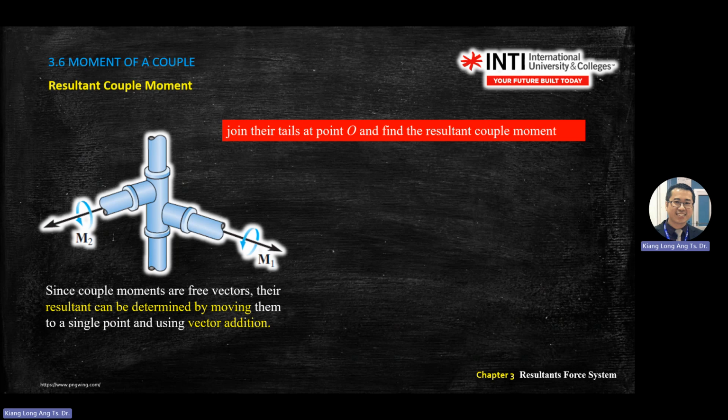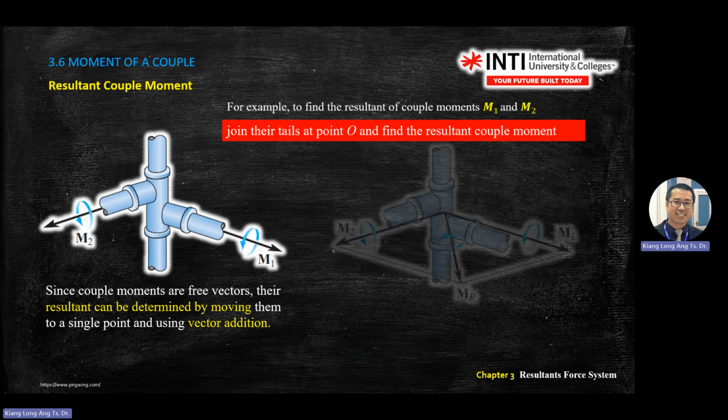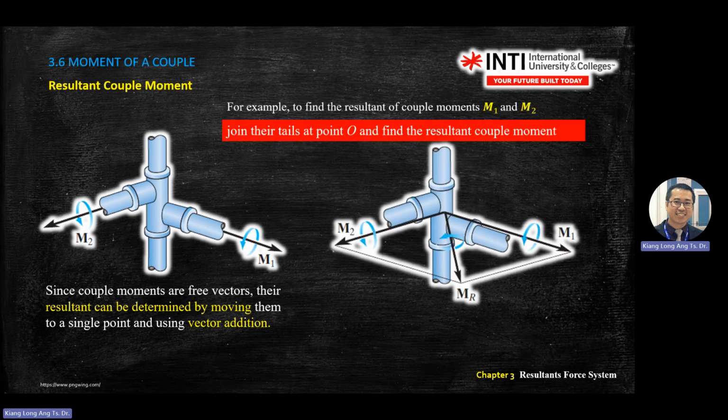Okay, so how? You start with joining their tails at point O. Where's point O? Okay, point O maybe here. So you extend the tail of M2, extend the tail of M1, you join together. Now the location of this moment doesn't matter, whether you move up or move down it is still turning anticlockwise.